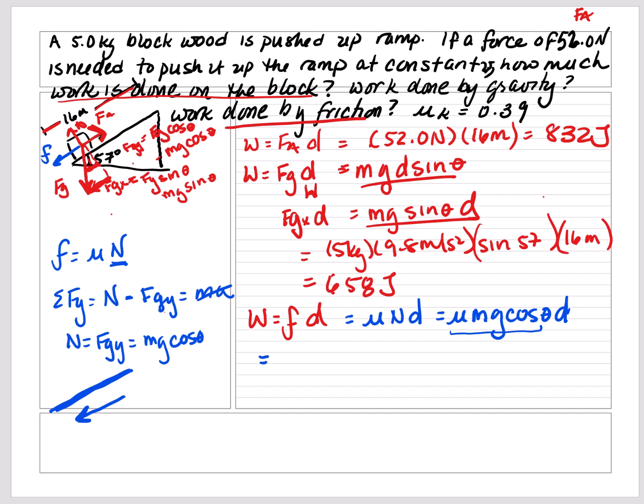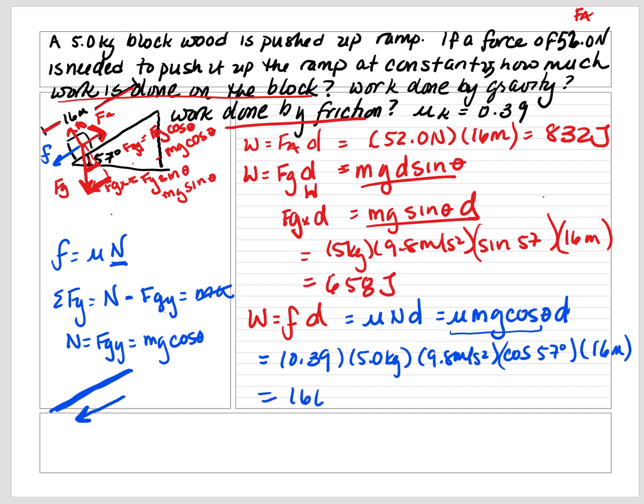So now all I do is I plug in. My mu is given as 0.39. Mass is 5.0 kilograms. My gravity is 9.8 meters per second squared. Cosine 57 times 16 meters, which is 167 joules.